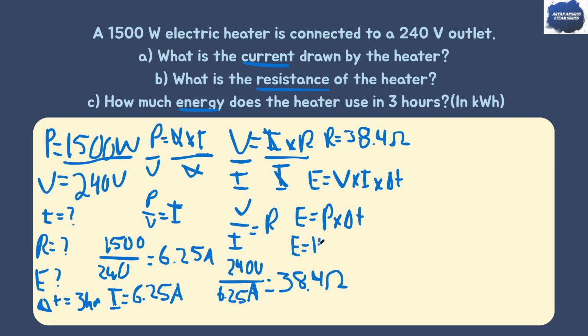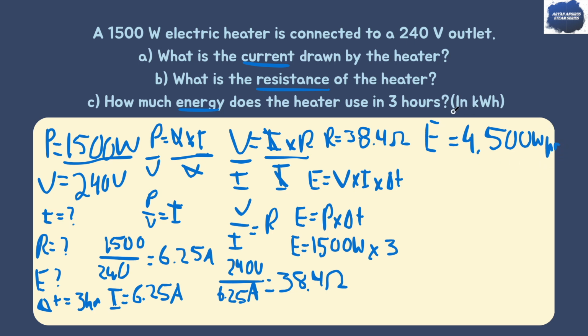So all we need to do is energy equals 1,500 watts times 3 hours, which is equal to 4,500 watt hours.